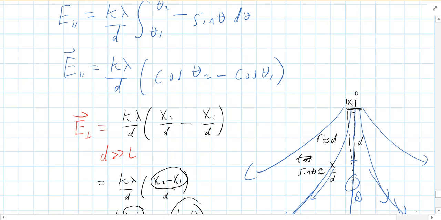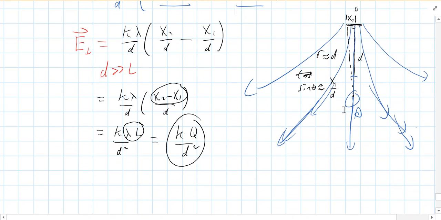So if I do cosine of roughly 0 minus cosine of roughly 0, cosine of roughly 0 is simply 1. So this becomes 1 minus 1, which, hello, is 0. So your E parallel is basically 0 if you're really far away from the bar, and near its center.